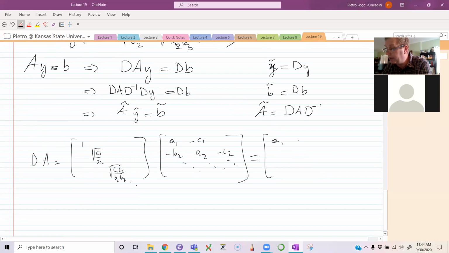So A1, C1 stays like that. And then here I'm going to get minus root C1 B2, because the root B2 in the denominator will cancel with the B2 there.